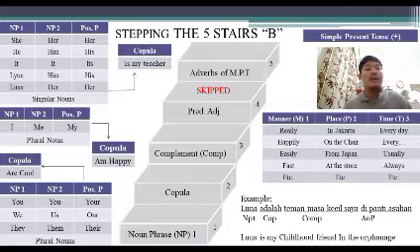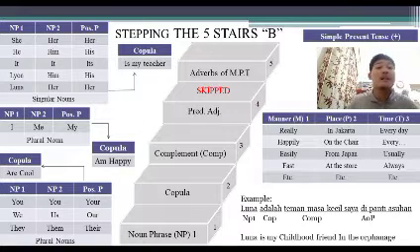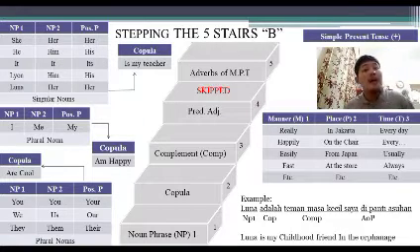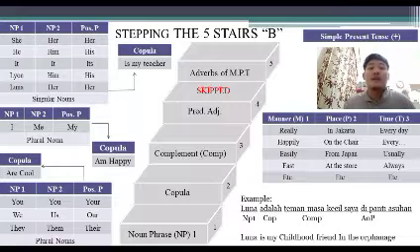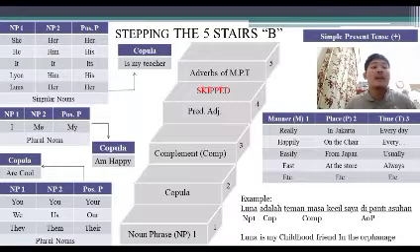Complement is like kalimat pelengkap or tambahan in Indonesian, either a noun or an adjective. As you can see in my example, Luna adalah teman masa kecil saya di panti asuhan. Luna is a singular noun, so my English answer is: Luna is my childhood friend in the orphanage.